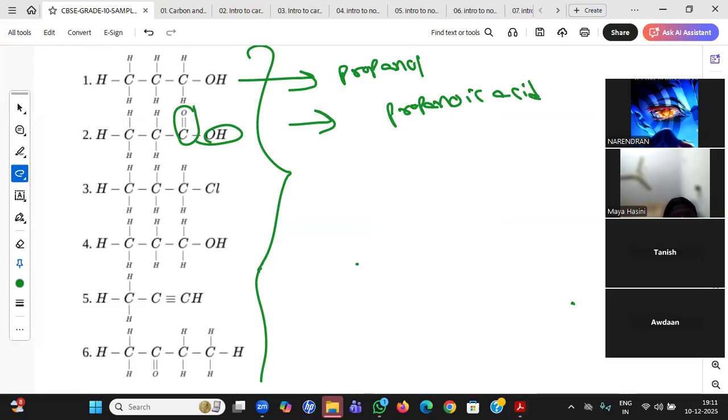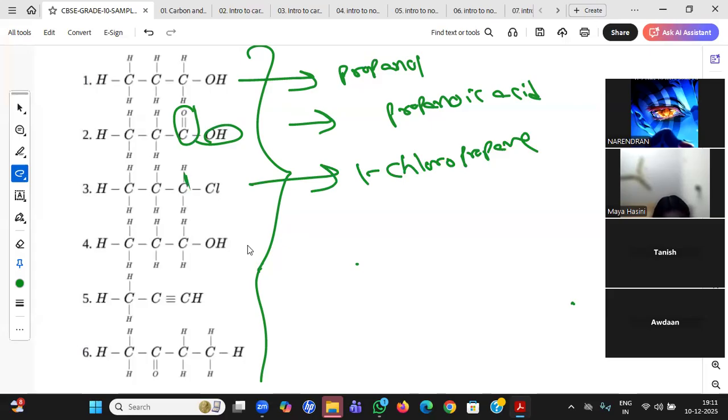Very good. But sixth question is also right answer, student. Very good, Tanushri. Third one, you see, functional group is chlorine. It should be prefix chloro because first carbon, propane, chloropropane. 1-chloropropane or chloropropane.